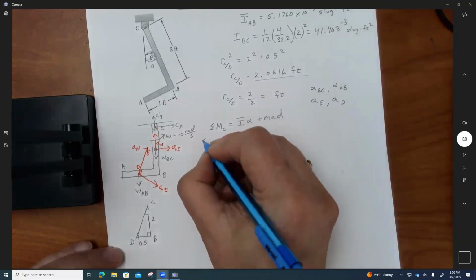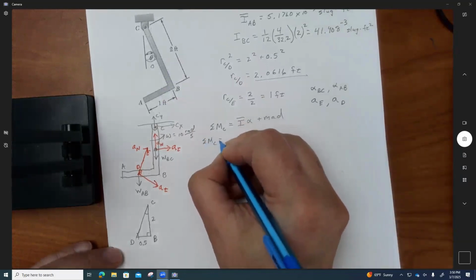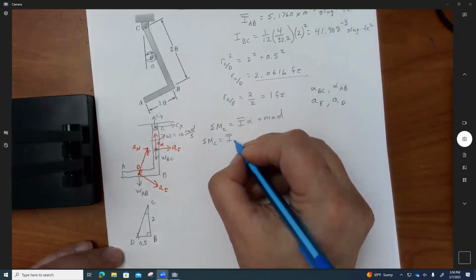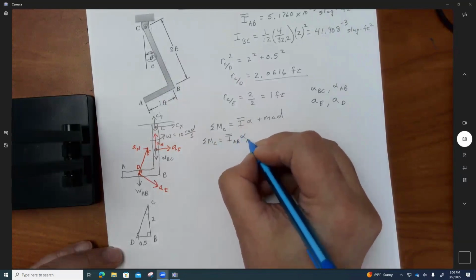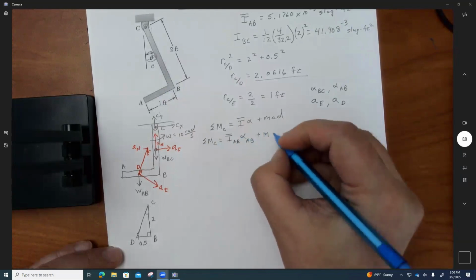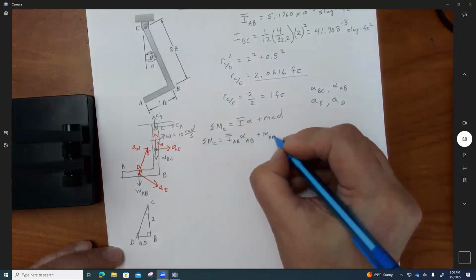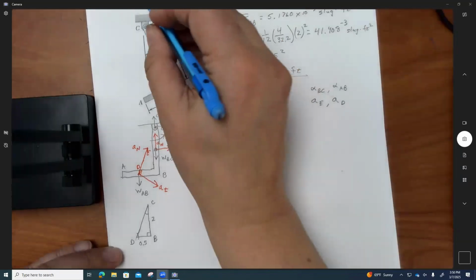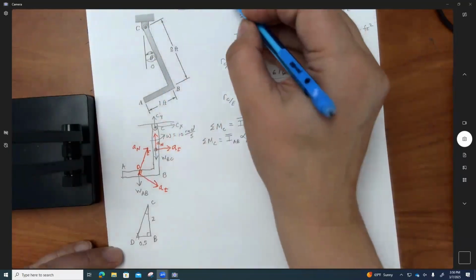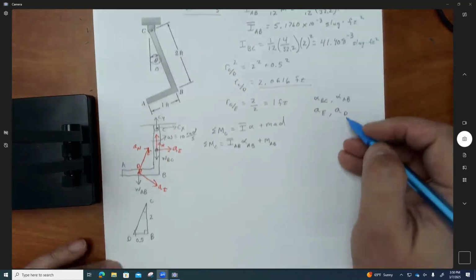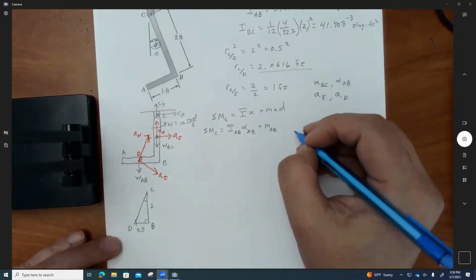So when we're summing moments around C, we're going to have the I bar for piece AB times alpha AB plus the mass of AB, which was given to us. We were given pounds, so we'll have to turn that into slugs. So we'll have to work on that.